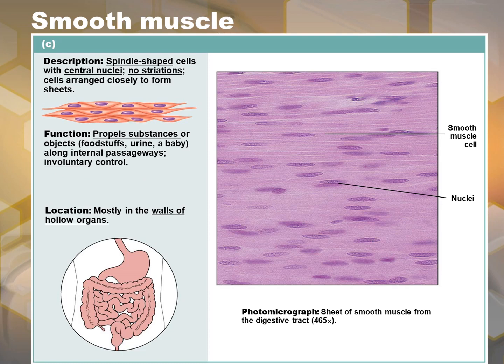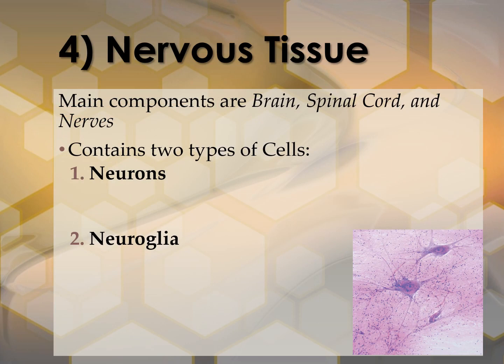And again, it's involuntary, right? You can't say, okay, squish my food from my stomach to my small intestine, right? It's doing it all on its own. So skeletal muscle is our only voluntary muscle. Both cardiac and smooth muscle are involuntary.